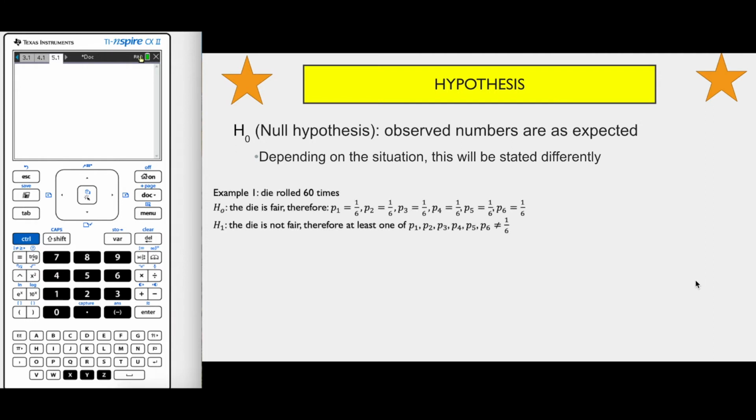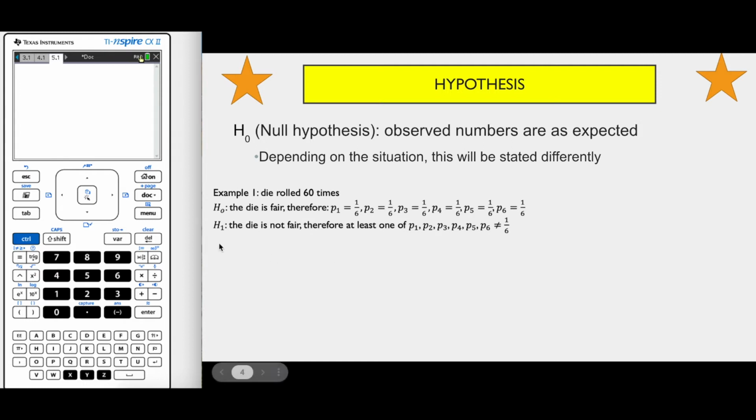So here's an example. If we roll a die 60 times, well, we're expecting the die to be fair. So we're expecting to have the 1 fall 1/6 of the time, the 2 1/6, and so on and so forth. So the alternative hypothesis to that would be that the die is not fair.